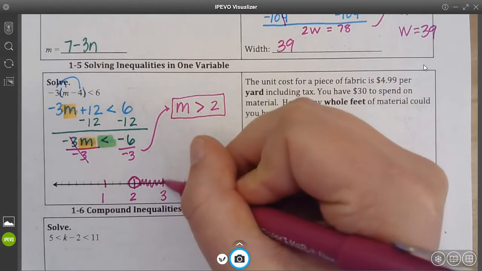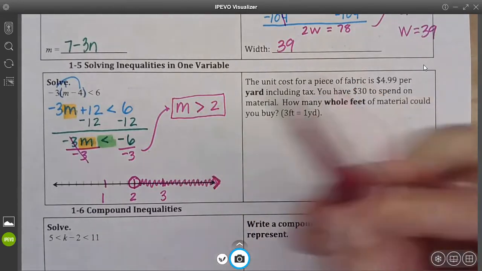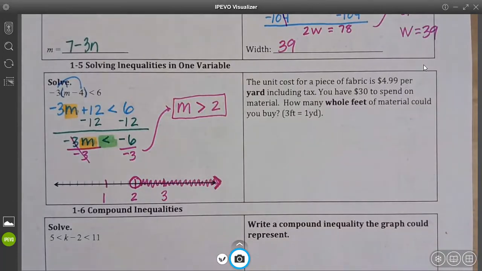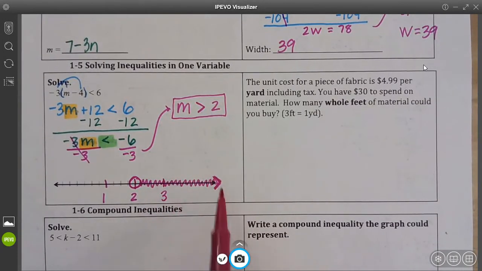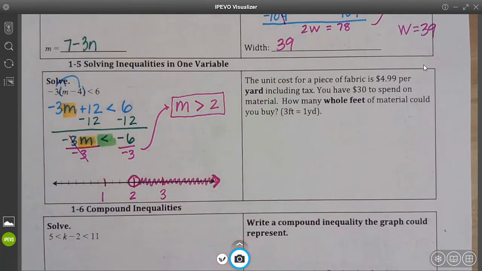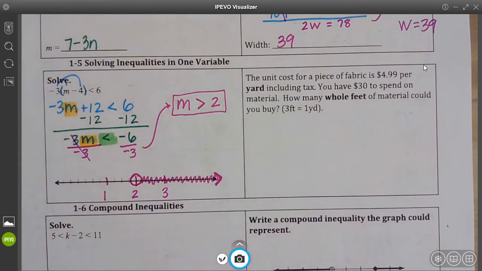So shading over here to the right, I'm going to put an arrow here. m can be any number that is greater than 2. If this was a greater than or equal to sign, with the little line underneath, we would fill in the circle, but it's an open circle right now.